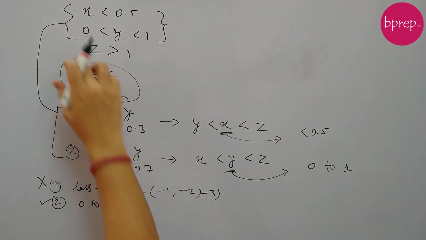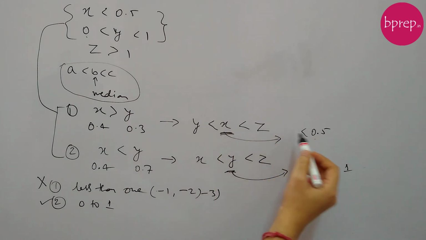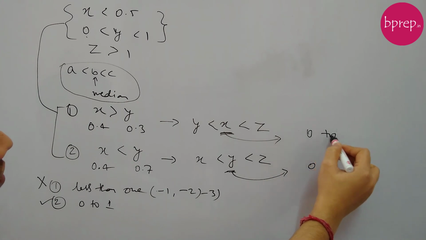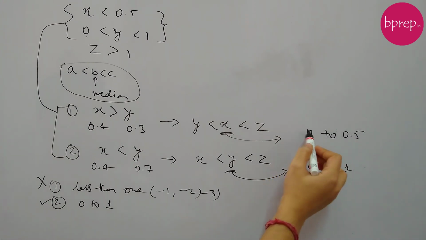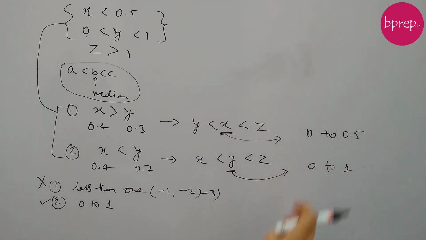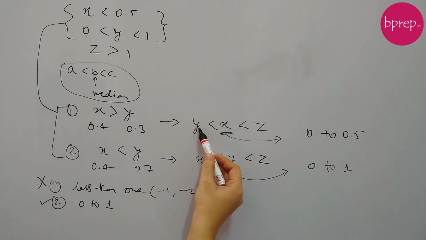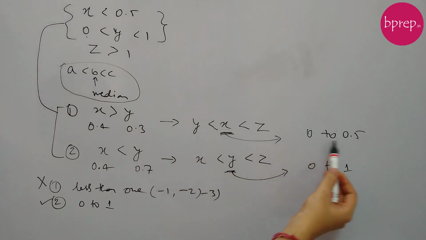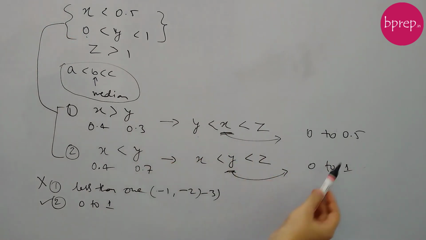So if x is the median, then the value will be between 0 and 0.5. I hope this is clear, this is important to note. Because x is greater than y and the minimum value of y can be 0, x can be 0 to 0.5. So less than 1 is not possible, 0 to 1 is possible. For both cases the value always lies between 0 and 1.